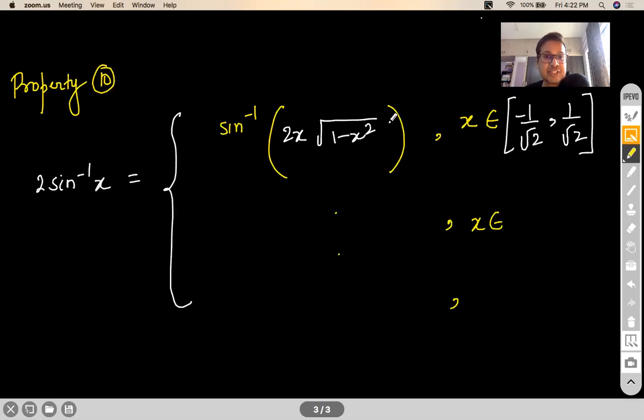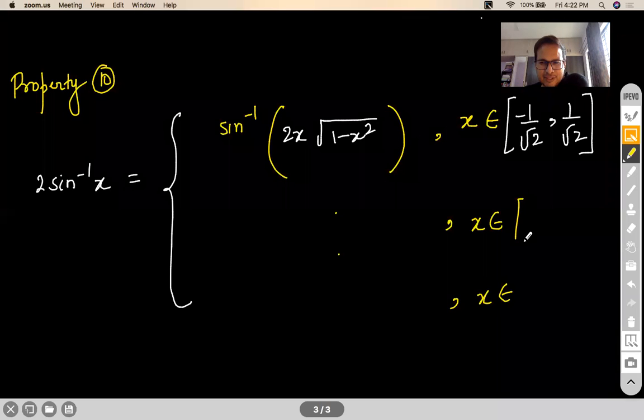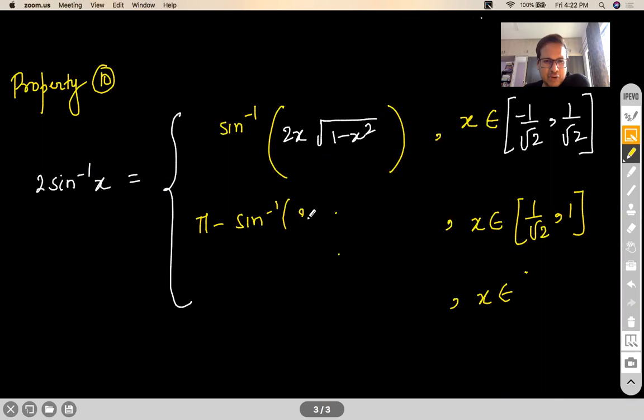Yes, Kshitij, please tell me. I think one of the intervals is 1 by root 2 to 1, both included. And it's pi minus sine inverse of 2x under root 1 minus x square.